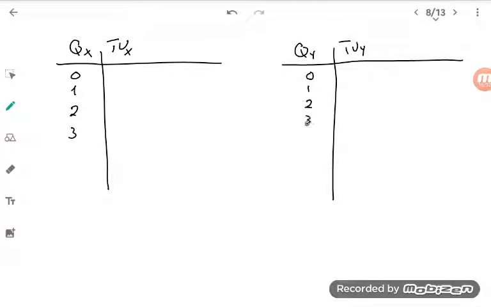These are the quantities that will be consumed from commodity X and commodity Y.